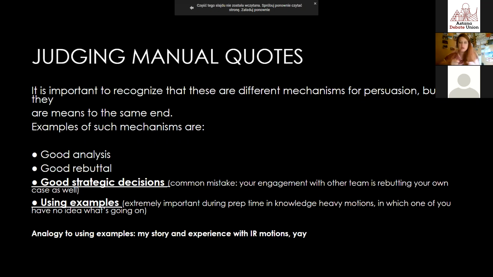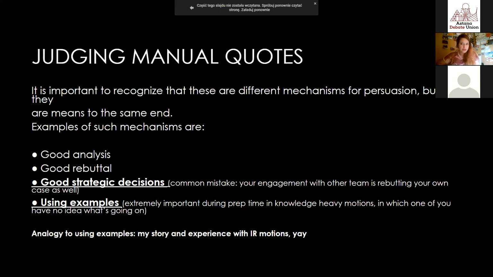So when you're talking about two rival countries which are fighting for some kind of territory and trying to explain how that might affect one of them, even if you will not win the debate, sometimes you just need to take a second to get there. Or during the prep, when you are thinking about how to analyze the IR motion, it might be in your degree or your field, which you are doing during your classes, or you know a lot about Israel or the Middle East in general, or about India.